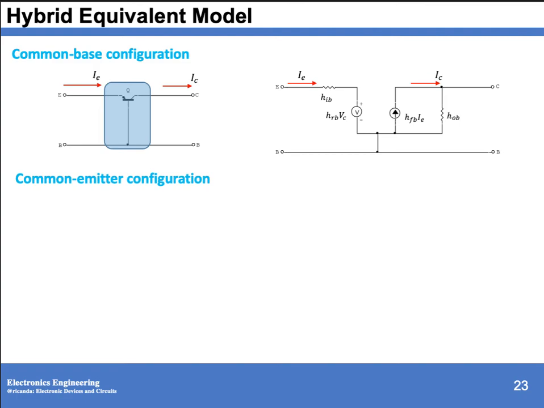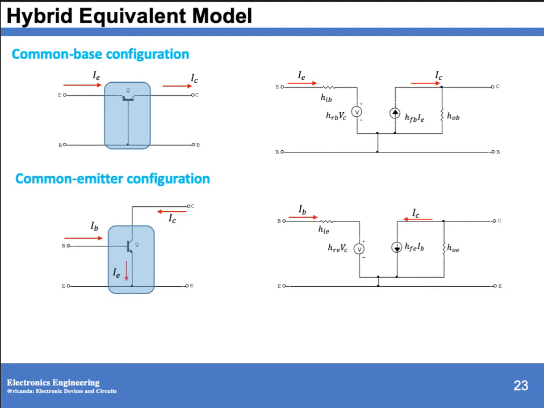And we have HOB. For your common emitter configuration, this is your equivalent hybrid model. We have IB, HIE, HRE VCE. Then we have HFE IB, where IB is your input current. We have IC, then HOE.